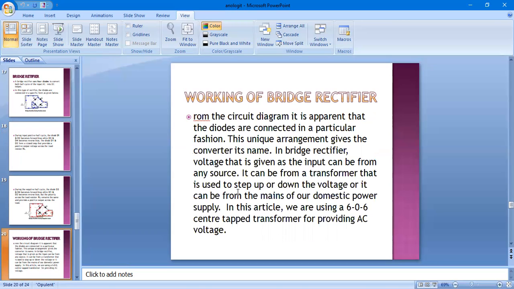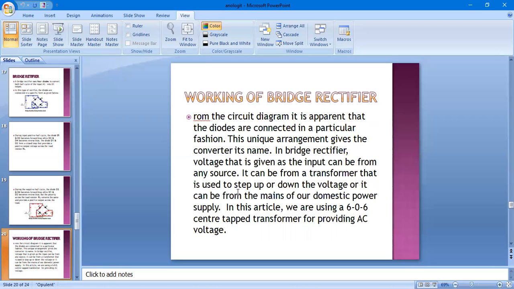Working of bridge rectifier. Now, the circuit diagram shows that the diodes are connected in a particular fashion. This unique arrangement is made in the bridge rectifier. The voltage given as input can be from any source.